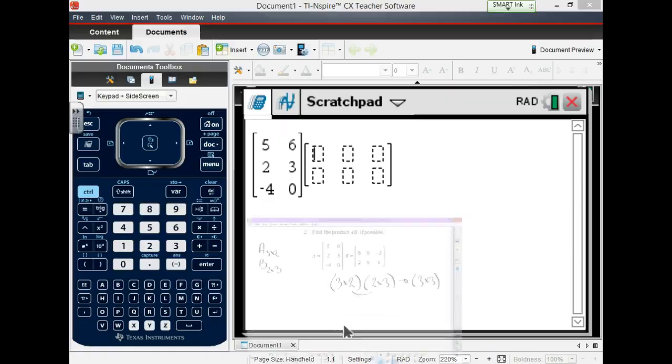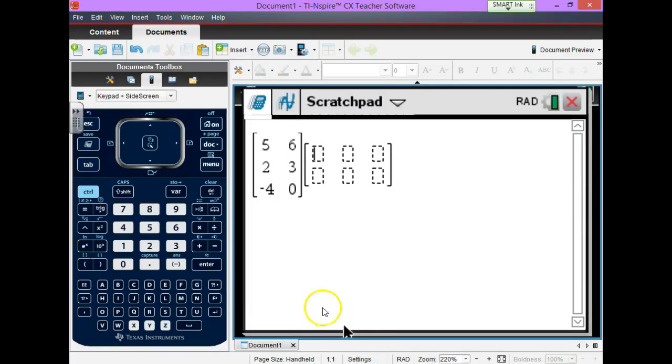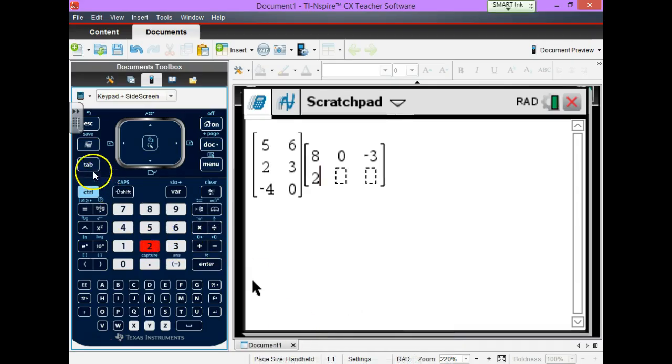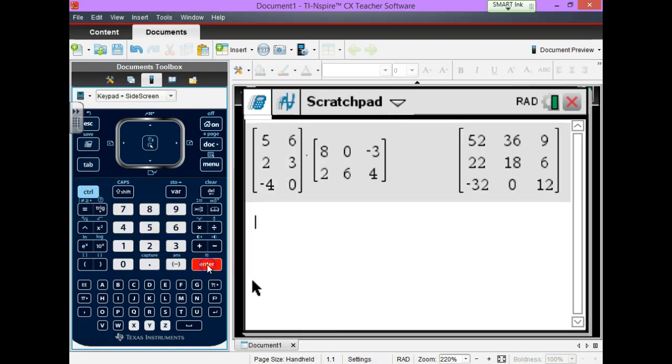Going through the top: 8, 0, negative 3, tab, and on the bottom I have 2, 6, 4. Okay, and here is the winner.